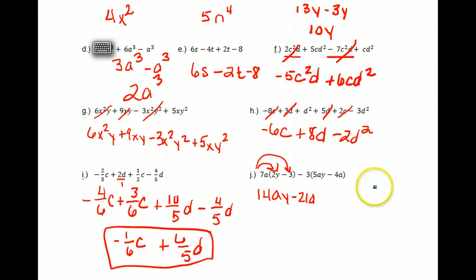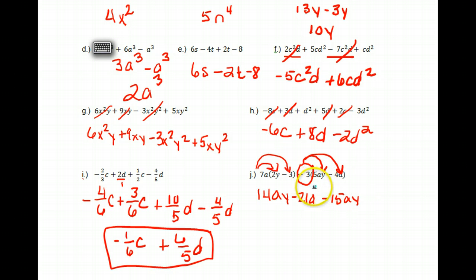Now on the second part of this problem, we have a 5ay and a negative 4a inside the parentheses. Again, those cannot be combined, so we are going to be distributing a negative 3 into that quantity. So we have negative 3 times 5ay, which makes negative 15ay.